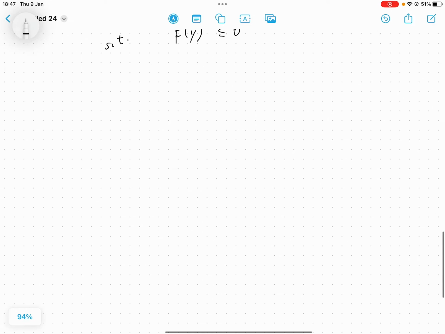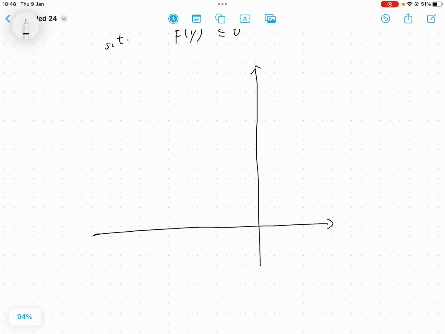So now let's have a little figure. Let's, for example, have two goods. So y1 will be the input and y2 will be the output, okay? Just for simplicity. You could have more than one input, but that'll be a higher dimensional figure, right?